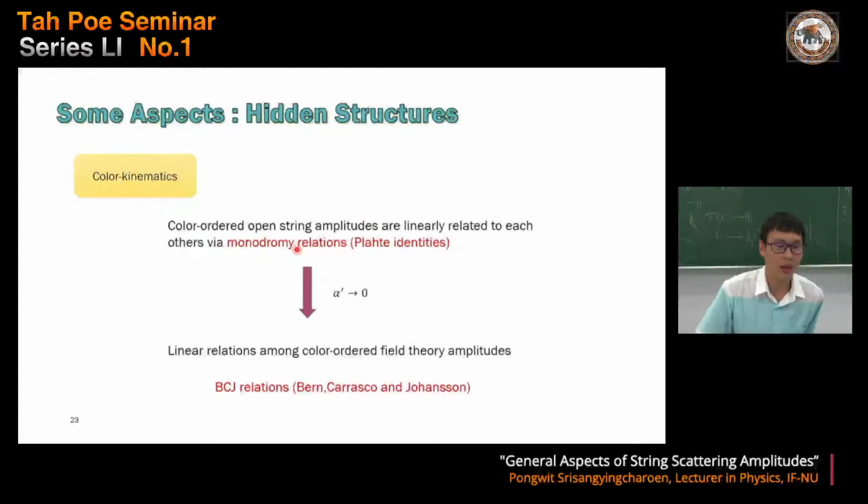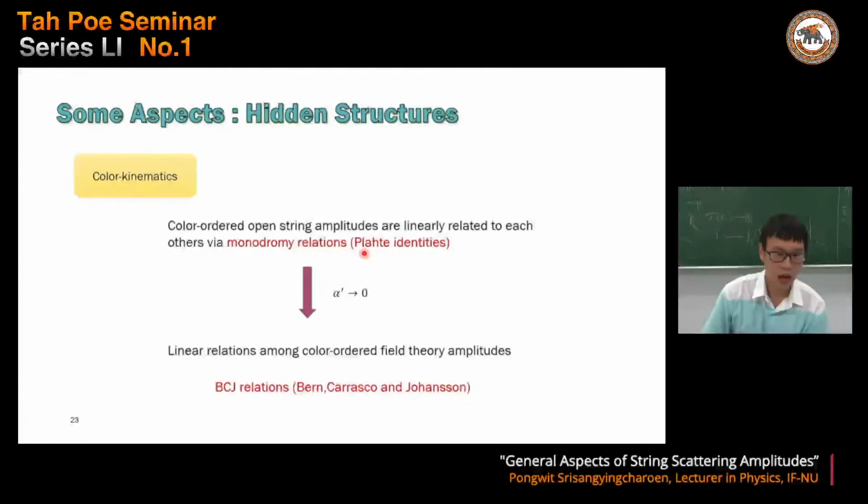This is the modern name, but in the prehistory string version it is called the Plahte identity, which was discovered in 1970 or around that time, which is a very ancient relation.